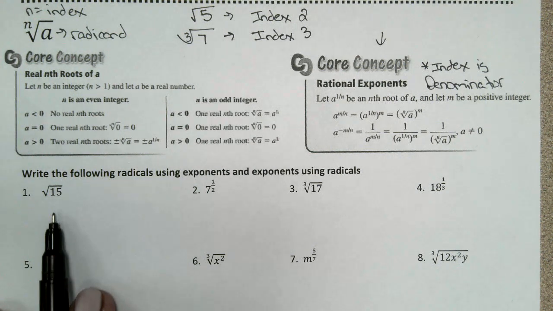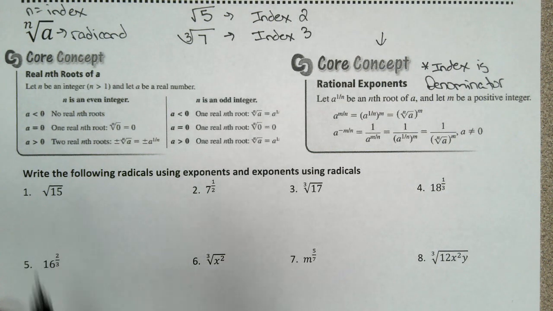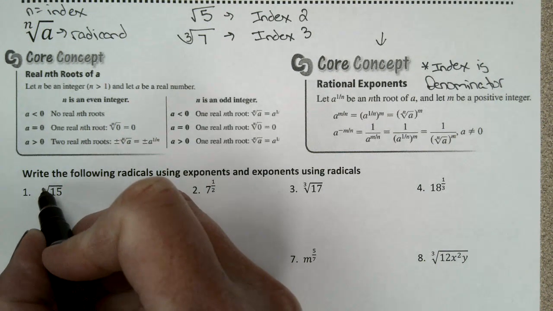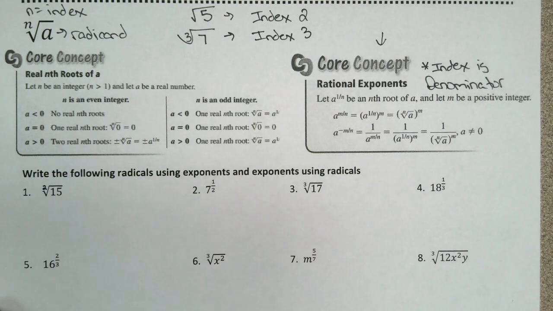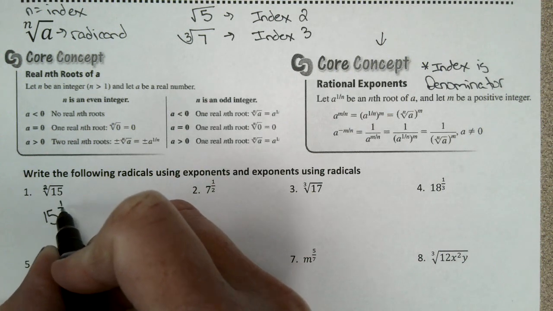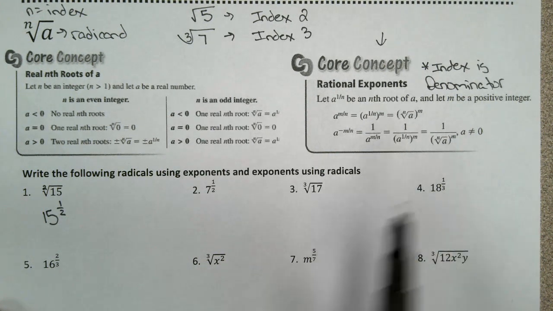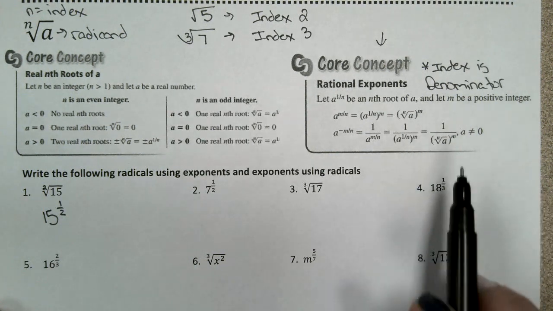So if I wanted to rewrite this radical using exponents, that means that I have an invisible index of 2, and this would be 15 to the 1/2 power. Maybe you're asking, where did you get that 1?